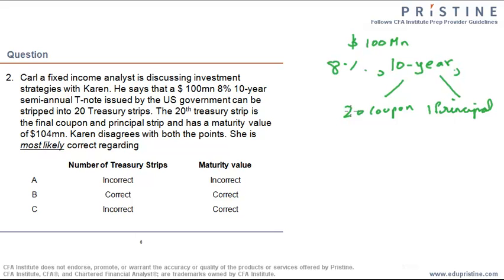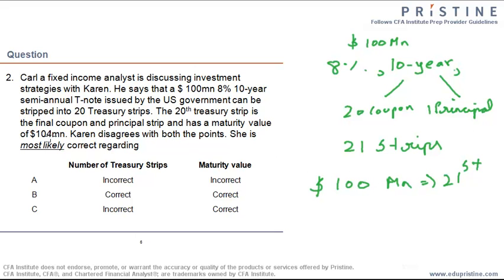So as a result, a total of 21 strips can be created from this Treasury note. And at maturity, which is the principal repayment, would be worth $100 million. So the 21st strip would be worth $100 million, which is the principal repayment which is happening.